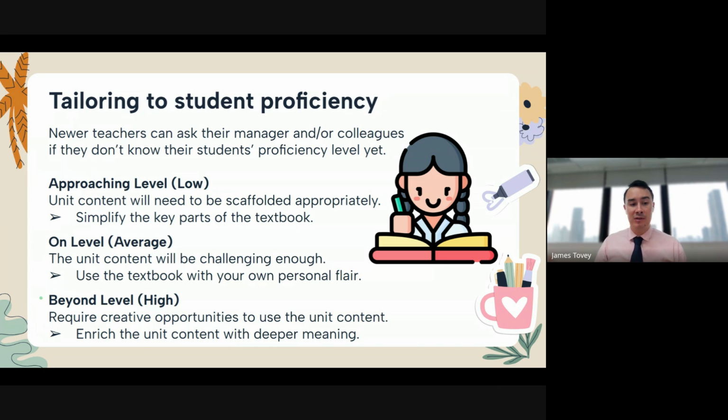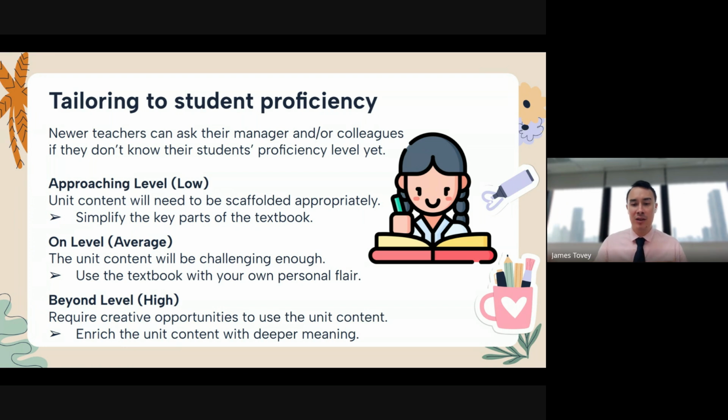Now for your beyond level students, whether this is because of how they are naturally, or the school is considered prestigious and they want to push their students to that extra level, these students will require some sort of creative opportunity to use the unit content.